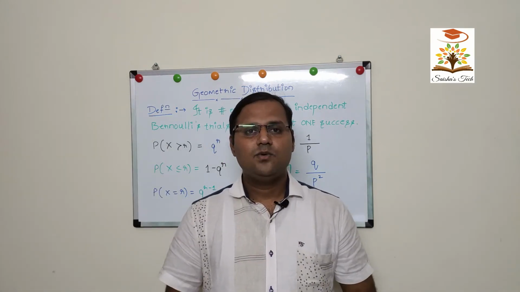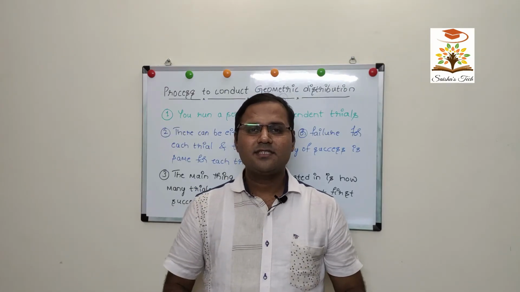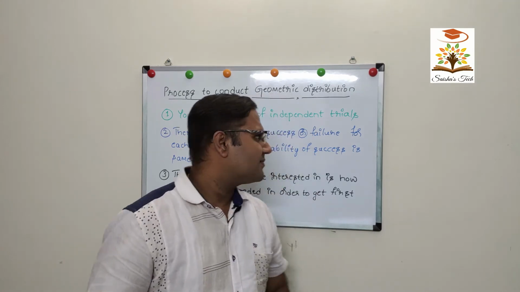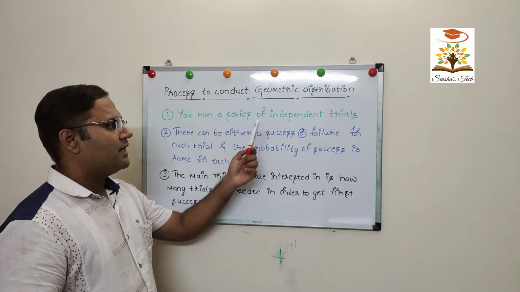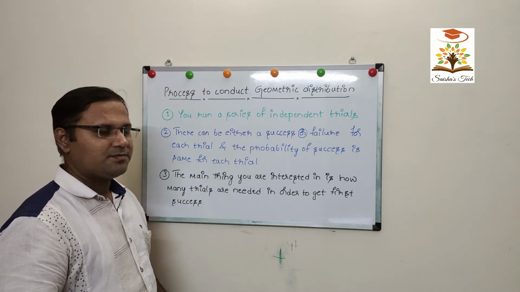Now let us know the process to conduct geometric distribution. The process to conduct geometric distribution are: you can run a series of independent trials. These independent trials are Bernoulli's trial.